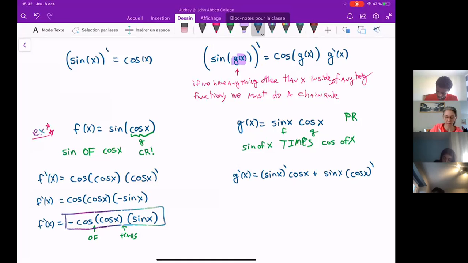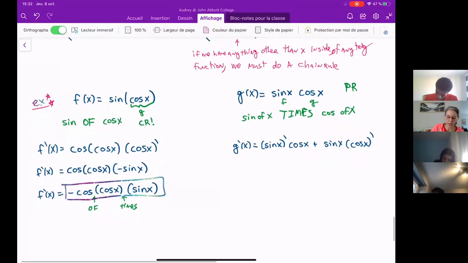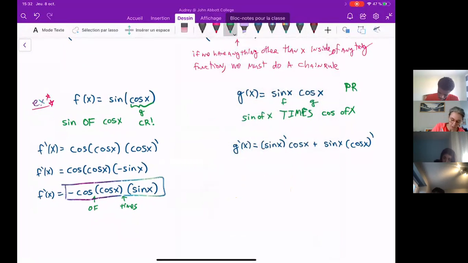So it's not the same thing as cosine x cosine x. So this does not equal cosine of x squared. It is cosine of cosine x, and there's a difference between the two things. You guys see that distinction here?